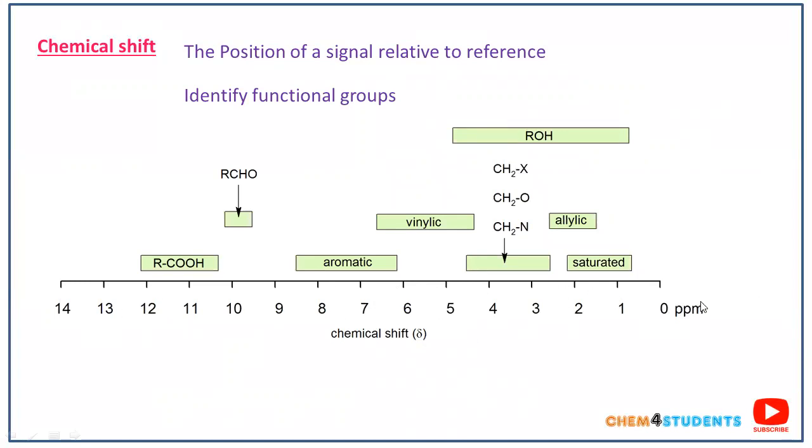Here the chemical shift values start from 0 and end at 14. The chemical shift value is denoted by delta and measured in ppm, and different functional groups appear at different positions of chemical shift values. For example, saturated compounds have chemical shift values between 1 and 2 delta.